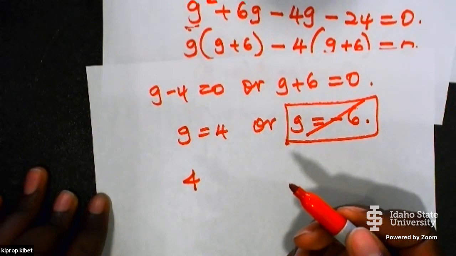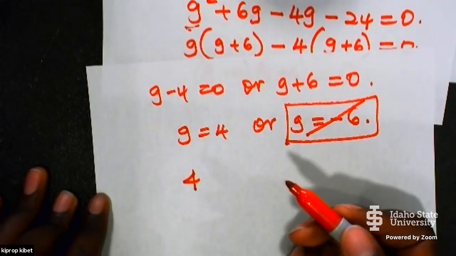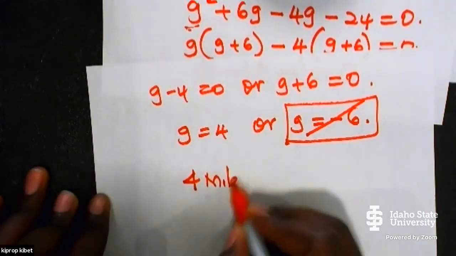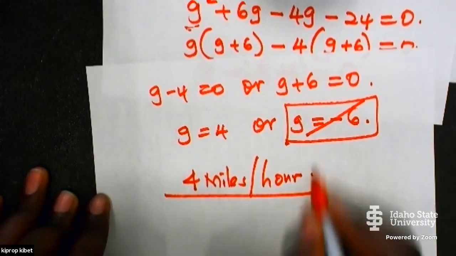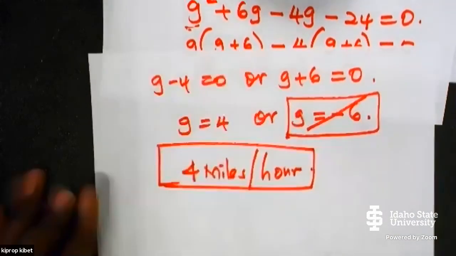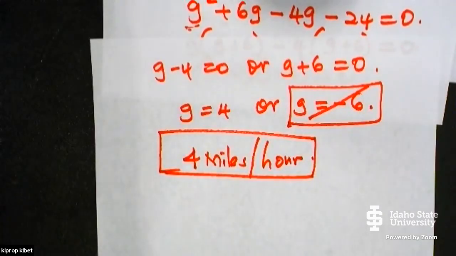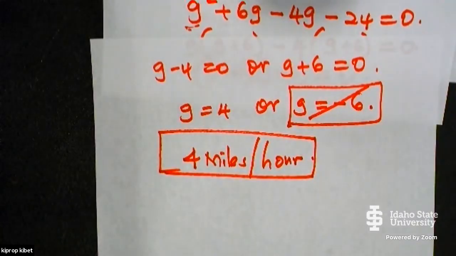What are the units? Miles per hour. 4 miles per hour. Don't forget the units, okay? If you forget the units, half of the mark will go.